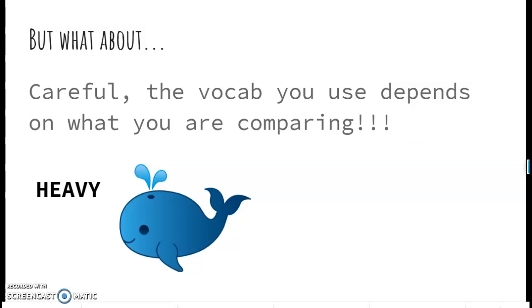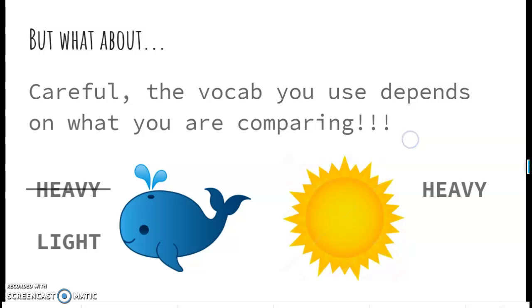I would probably say heavy. I think my whale is heavy. But what if I compared the whale to the sun? Whoa! Then I would say my whale isn't heavy anymore. Now my whale is light. See how the whale can be considered light sometimes? It all depends on what you're comparing to.